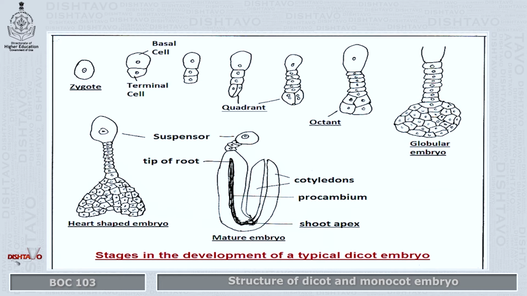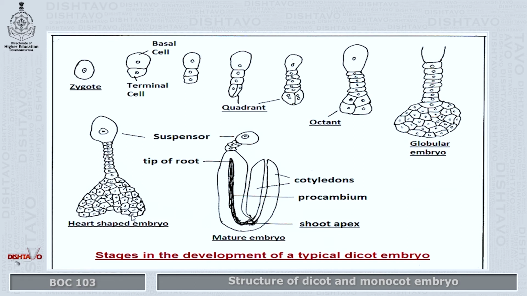At the same time, in the globular embryo, the outermost cells at 2 points give rise to two initials, and those are the initials for the cotyledons. And in between these two initials, there is another initial, which is called the plumule initial, which is flanked by the two cotyledonary initials.